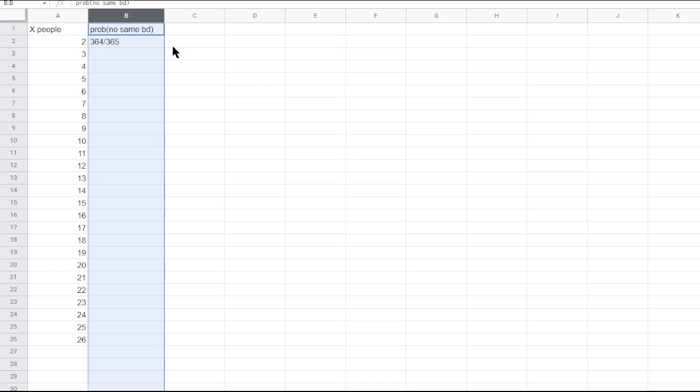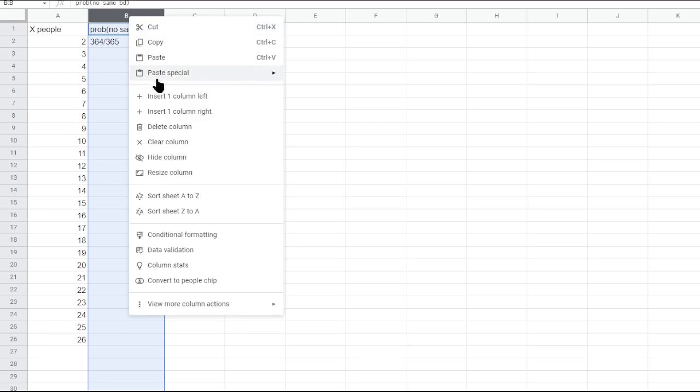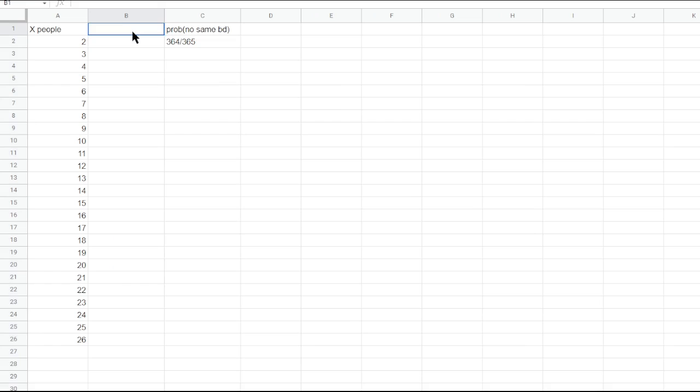The way I'm going to do it is I am going to add a column which I'll call the numerator. For the case of x equal to 2, the numerator is 364. And for the case of 3 people, the numerator is 363, and so forth.